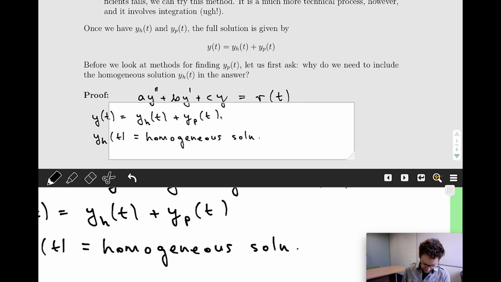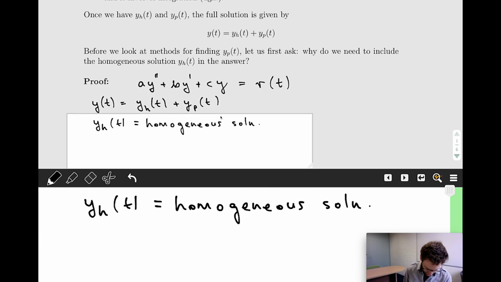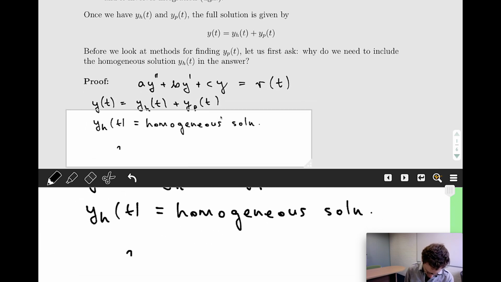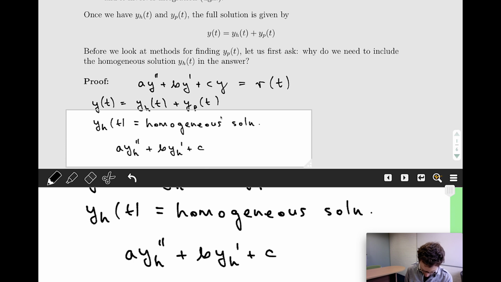Where that is, it solves the equation a yh double prime plus b yh prime plus c yh is equal to 0. That is exactly the same ordinary differential equation that I started off with, but with the right-hand side equals to 0. This is the homogeneous problem.